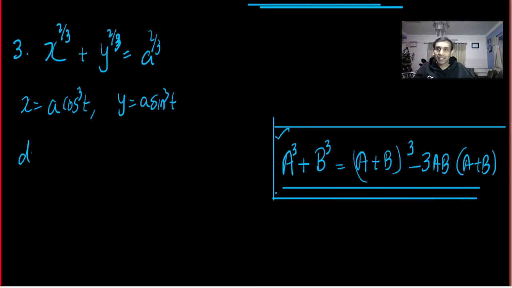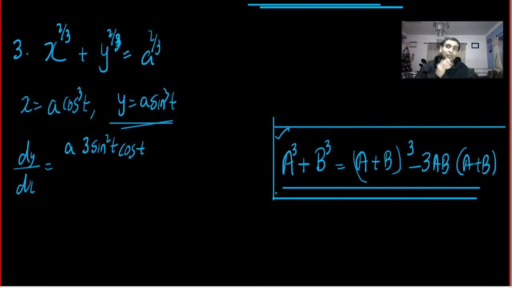Okay, so find dy by dx. What's the method? Differentiate this. a into 3 sin square t into cos t. Wait a minute. I know some of you have trouble with this. If you want to differentiate sin cube t, inside your brain, you should imagine this is the same as sin t the whole cube.